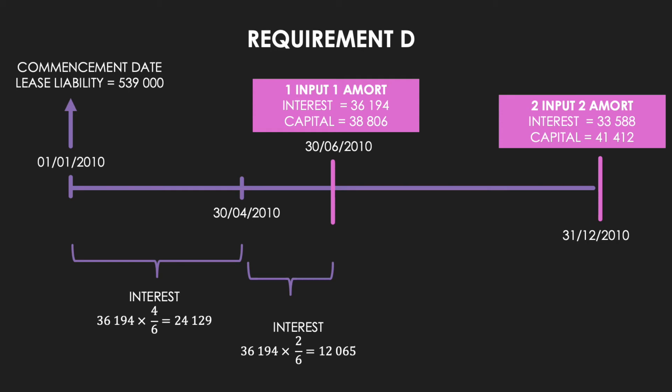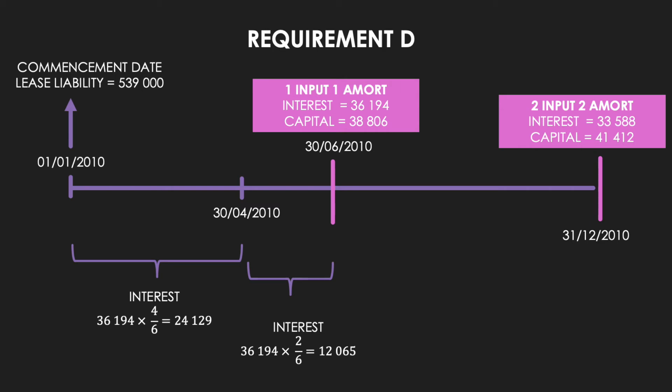Then additionally, we have interest of 2 months that will also need to be taken into account and journalized on the 30th of June 2010, and that is interest for the 2 months from the 1st of May 2010 until the 30th of June 2010. That represents the first payment.